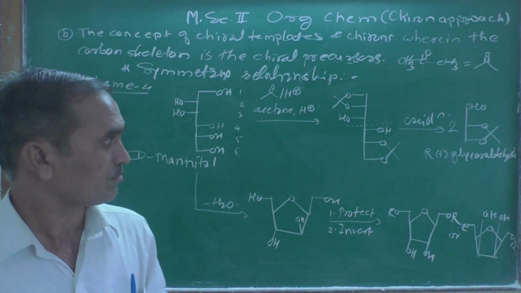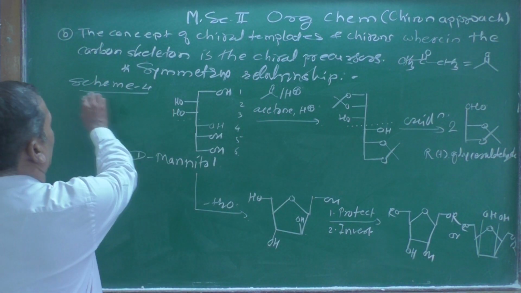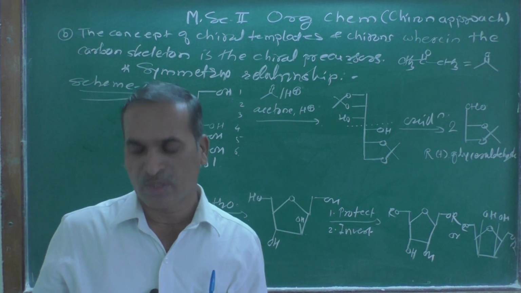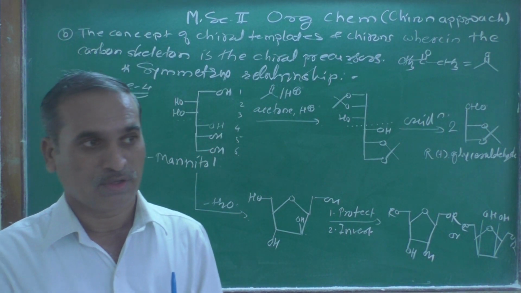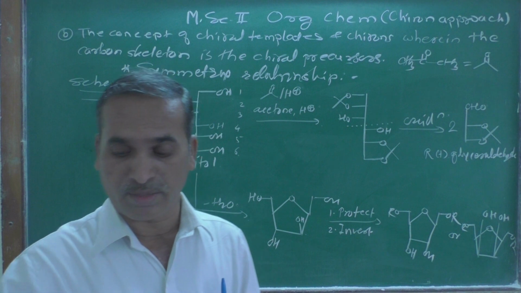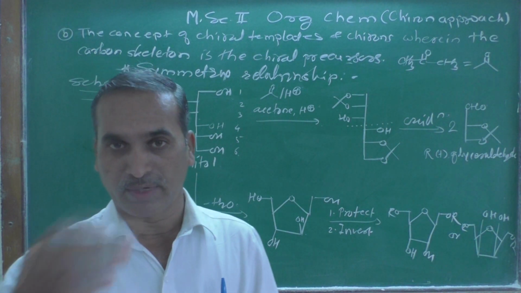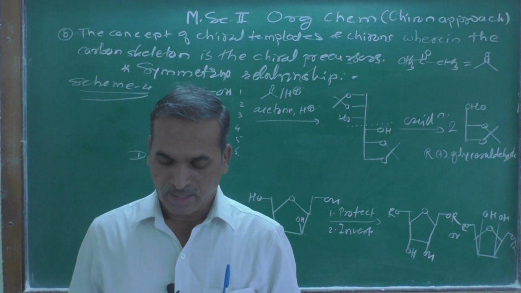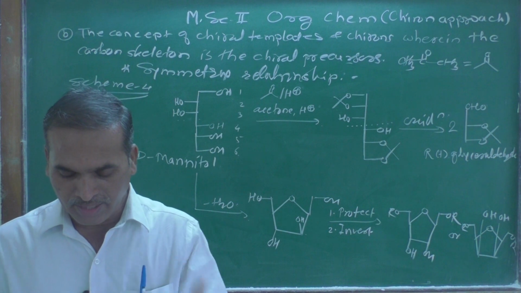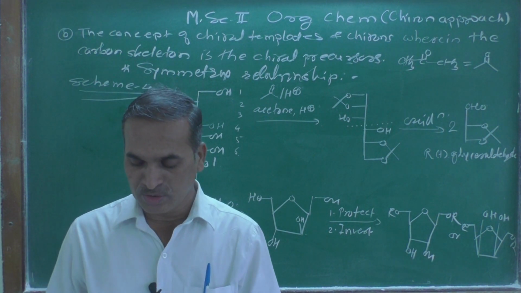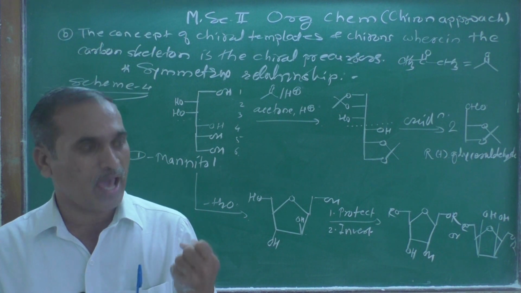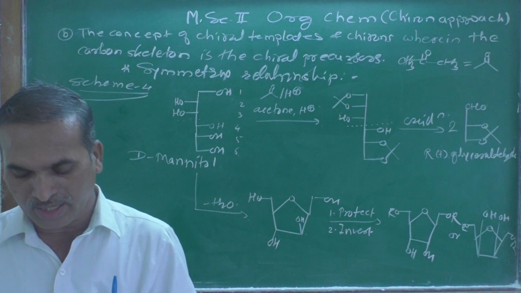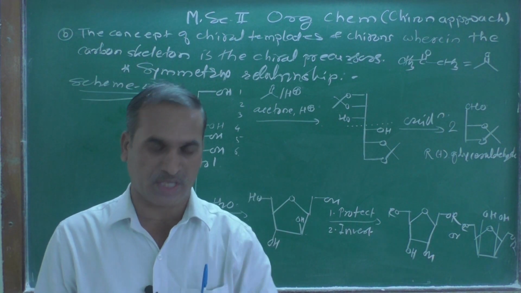Now in general, this scheme number 4 is very important, because by using this scheme we can synthesize the 6 natural products which are included in our syllabus, which we will see later on. But here, in general, L sugars except for L rhamnose, L fucose and L arabinose are not readily available from commercial sources.